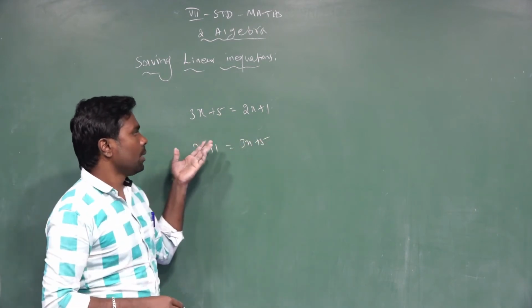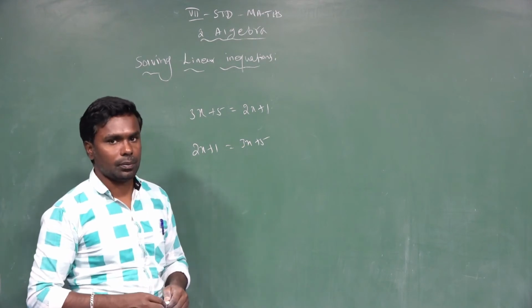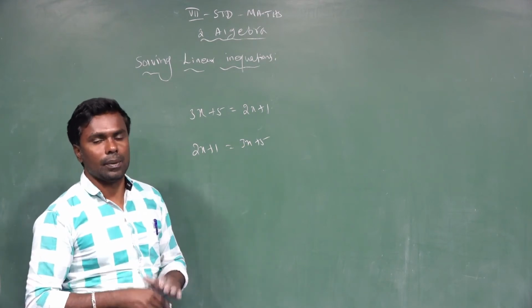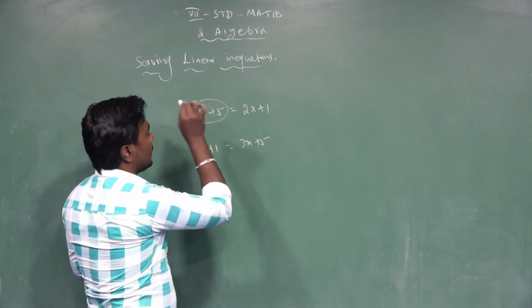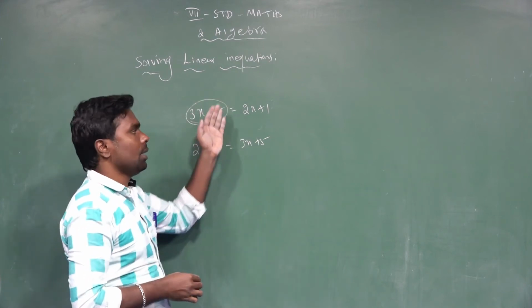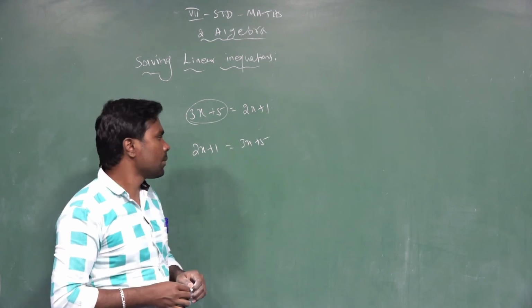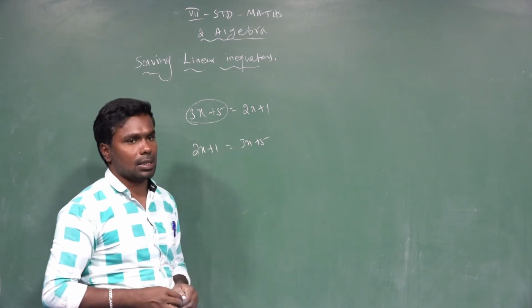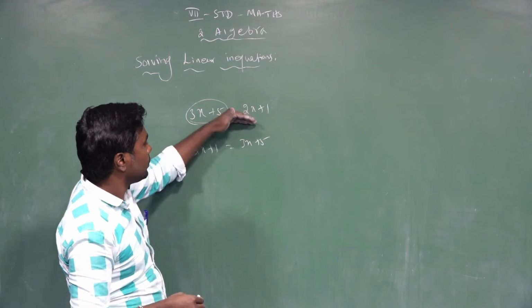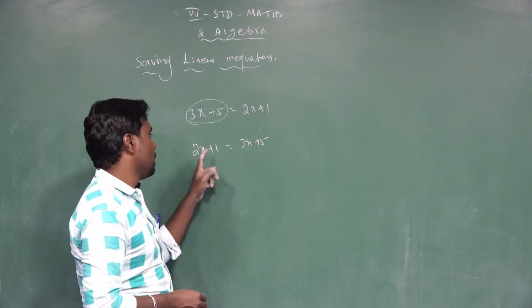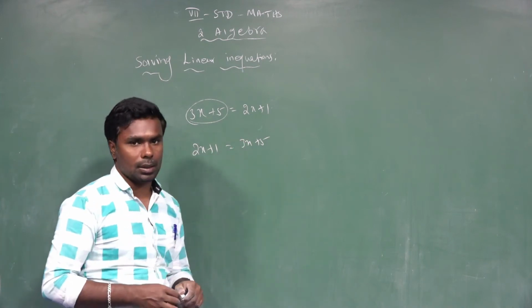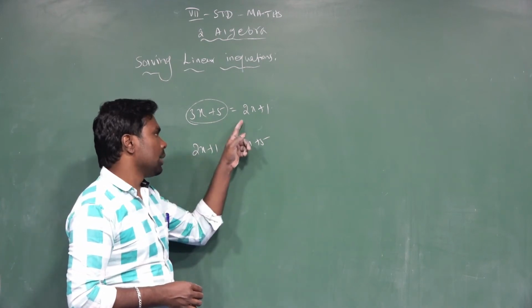This is a linear equation. In the linear equation, when we interchange the expressions of the left hand side and the right hand side, it does not make any changes. So both are same. 3x plus 5 equal to 2x plus 1 and 2x plus 1 equal to 3x plus 5. Here both are same.